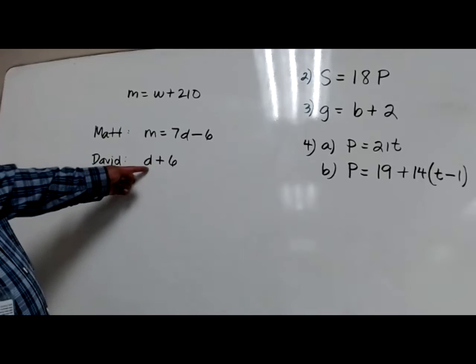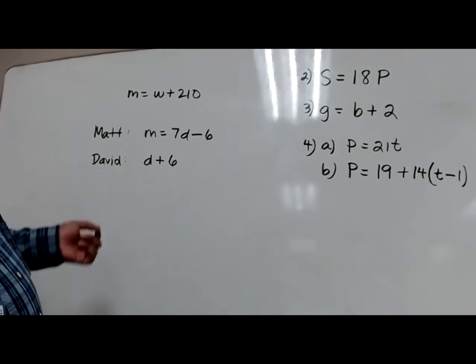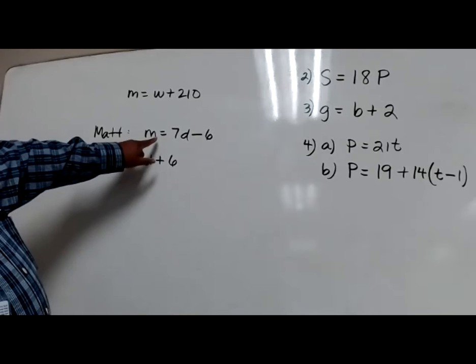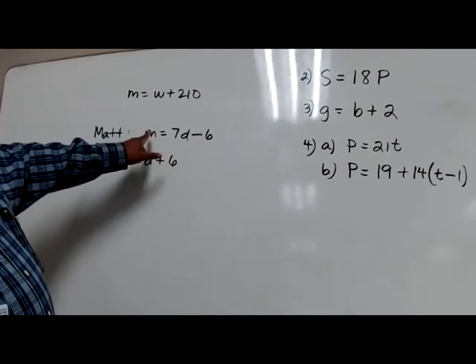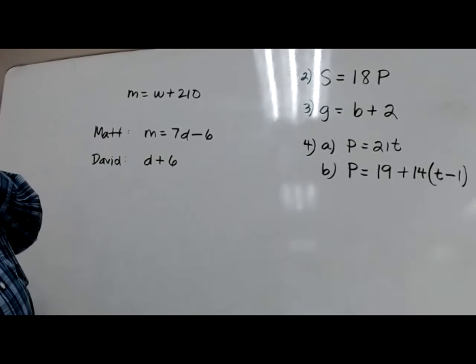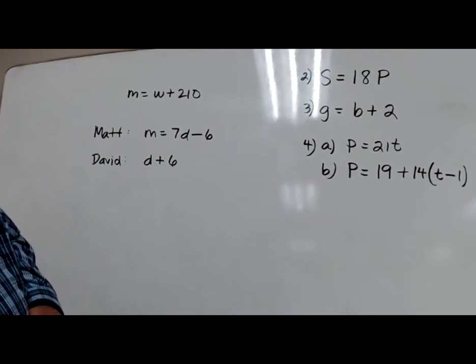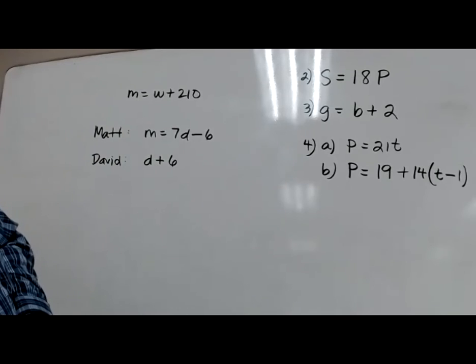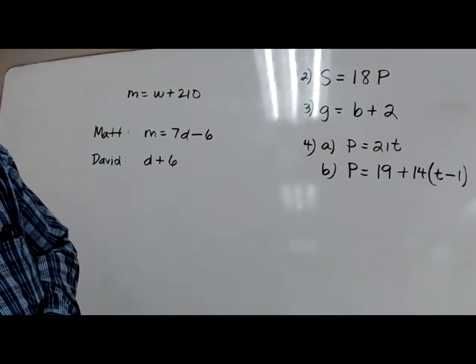It's just going to be D plus 6 for David, because that's how many stickers he will have. And in this case, for Matt, we can say M is equal to 7D minus 6. Okay. All right, any other questions?